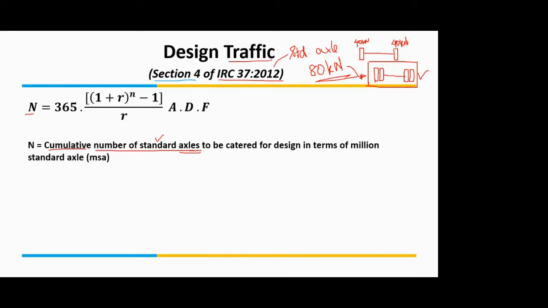Okay. So now what we have to do is find out the traffic. Traffic is nothing but the moving entities on your roads. Specifically we will be dealing with vehicles, because those are the ones that are going to cause damage or a lot of stress in your pavement. Just one pedestrian walking, or even 1,000 pedestrians walking, may not affect the road that much, because they are moving on the footpath and their load is very negligible.